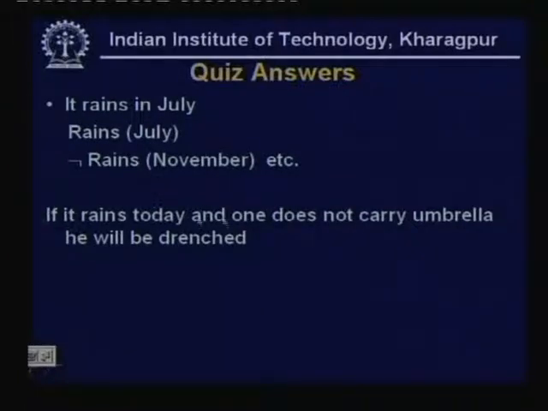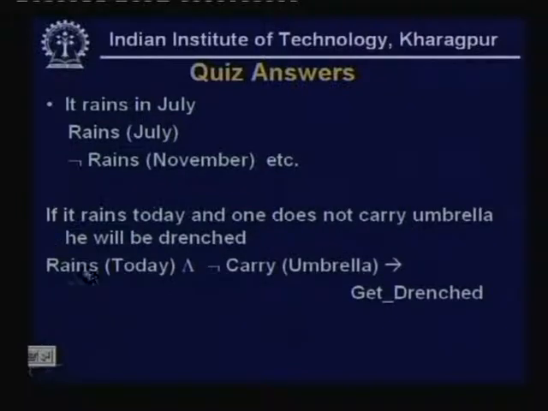If it rains today and one does not carry umbrella, then he will be drenched. This "then" is implicit here. So, we can say rains today and not carry umbrella. If these two things happen, then get drenched.